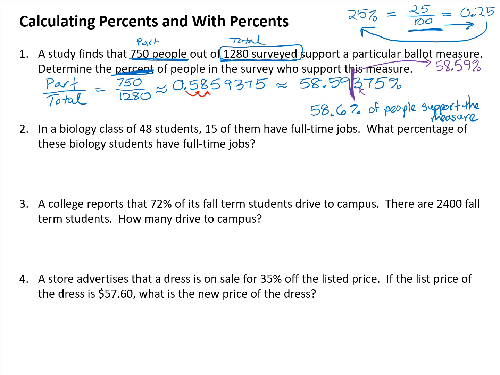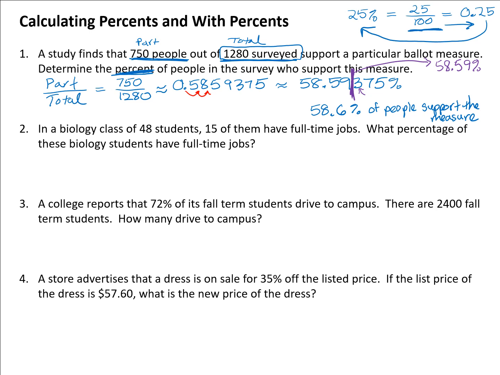Before I move on to the second problem, I did want to mention it's always good to check your answer, at least to see if it makes sense logically. If you think about 750 out of a total of 1,280, 750 is more than half of 1,280. So we can anticipate our answer has to be more than 50%, because 50% would be half.